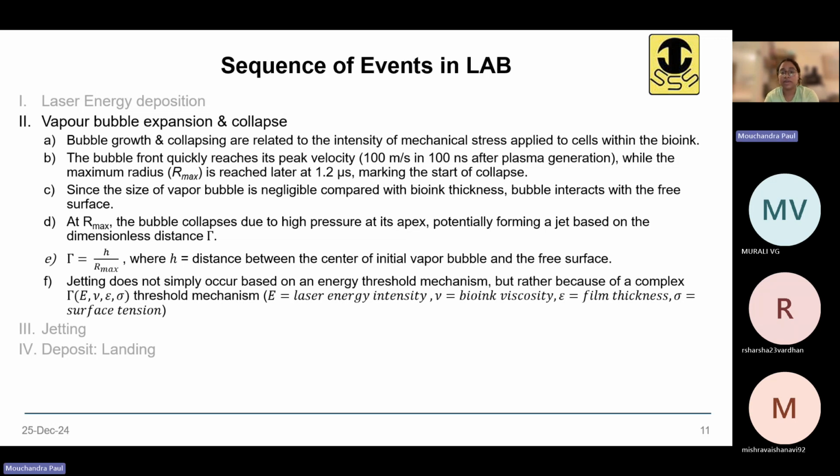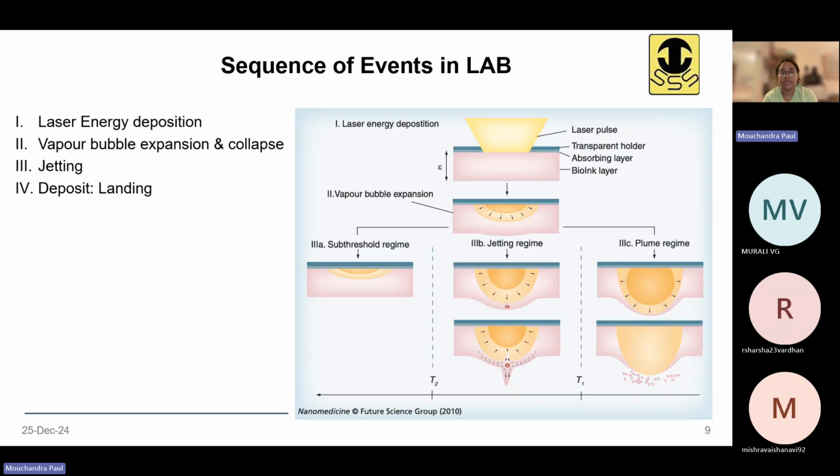Now, the next step is the jetting. That is when the vapor bubble will collapse, and you will either get a jet of droplets, or you won't get one, or you can get a spraying as well. So three conditions can happen. When jet is not formed, this is 3A.